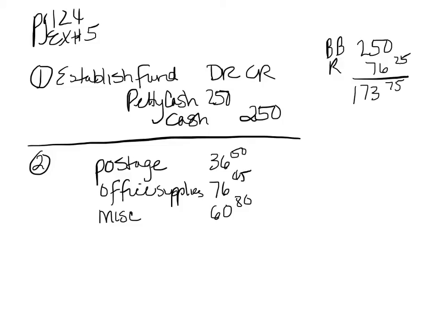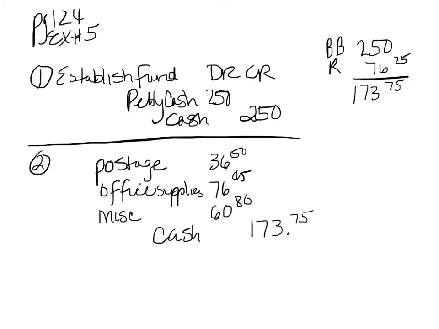Let's total our receipts and see what we have. We have $36.50 plus $76.45 plus $60.80, and that gives us $173.75. So that means that we're going to write a check for $173.75.